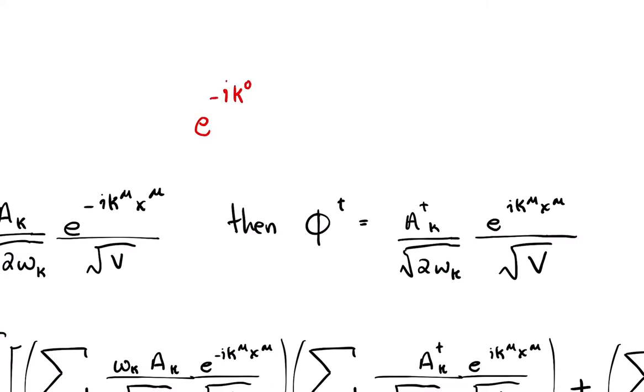i, k0, x0, and x0 is just t. That's usually the time component. And then we have all the spatial components. So negative i, k1 times x1, plus negative i, k2, x2, and so on.